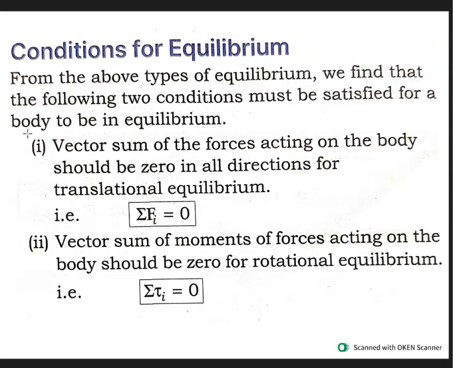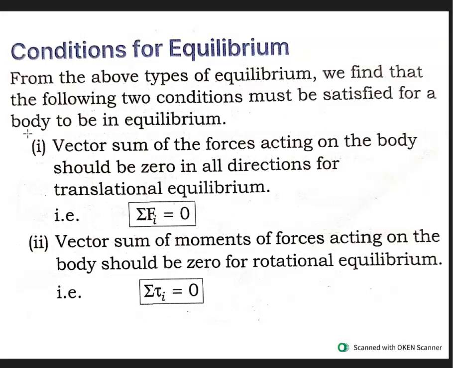Second condition, the vector sum of moments of forces acting on the body should be zero for rotational equilibrium. Now we are talking about turning effect, right, for a pivoted object. So consider a beam balance which is pivoted at a point in the center. If its anti-clockwise moment of force is equal to its clockwise moment of force, then it will be in equilibrium.